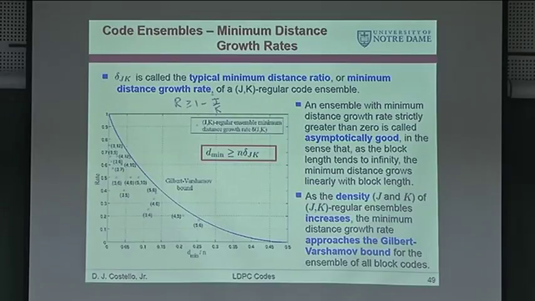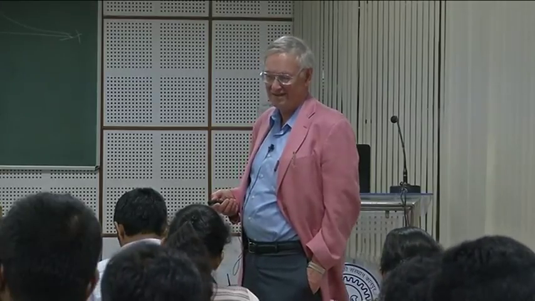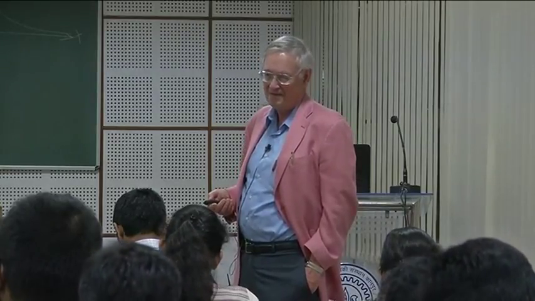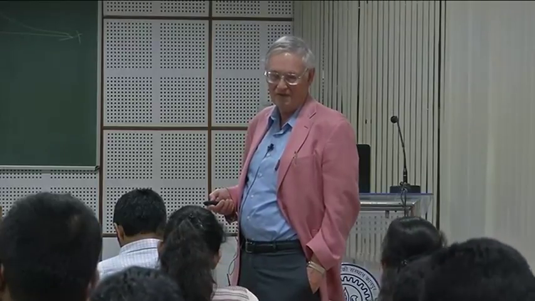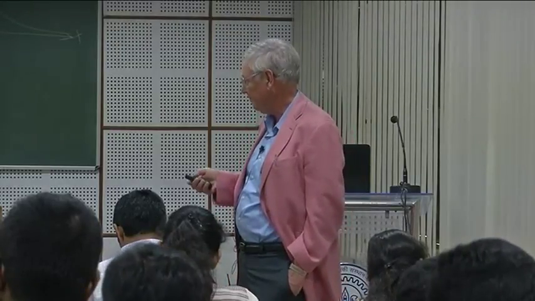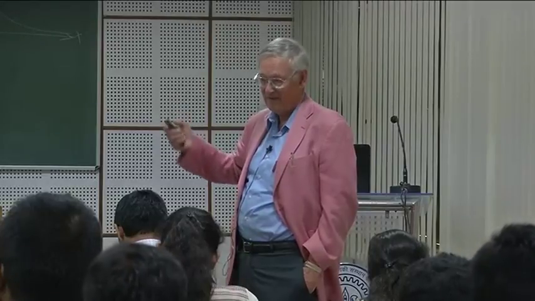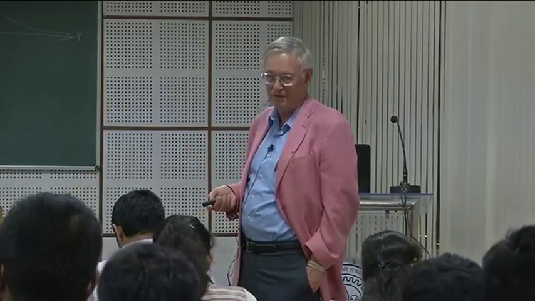If you're using ensembles with shorter block lengths and you pick one at random, you may get one that does not have quite as good a distance as what's promised here. But it's the typical type of asymptotic result that information theory people love to use, because it's just too hard to compute these things for individual codes. Again, as I said, in that example, we'd have to do 2 to the 5,000th.